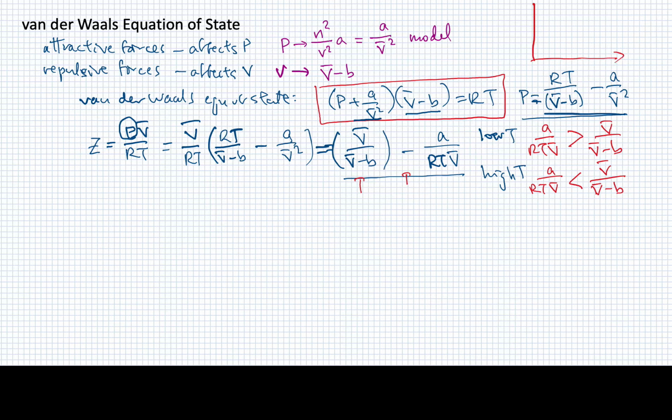I'll draw it here to remind you: if this is 1, the compressibility factor is negative, and then it goes positive relative to the ideal gas. This is exactly what is happening here. We can also see that at high temperature we see more of an adherence to the ideal gas equation of state.